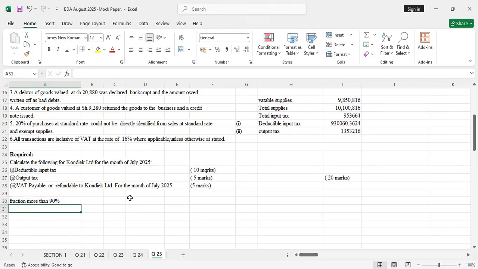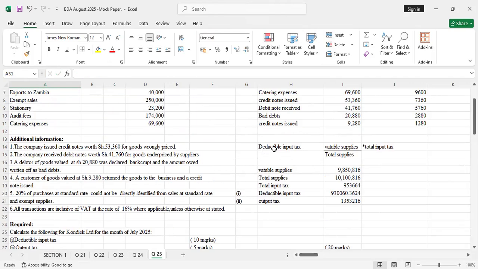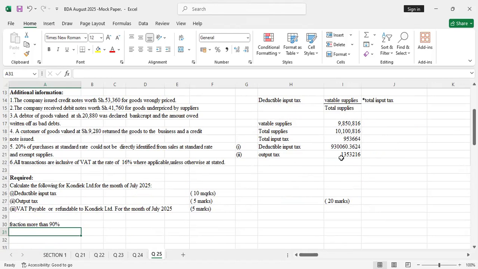Because we have the deductible supply. So when you look at the formula, deductible input tax, we have variable supplies, we divide by total supply. That's what we want to get, the fraction. Is it more or less than 90%? If it is more than 90%, then there's a way we'll treat it.